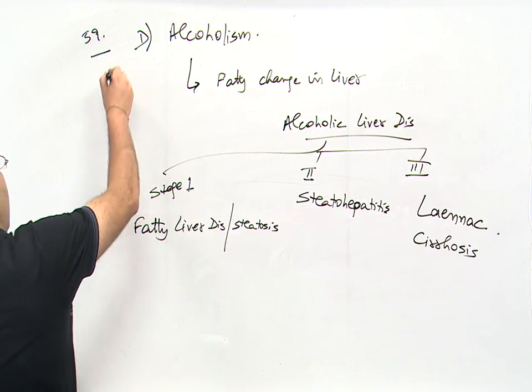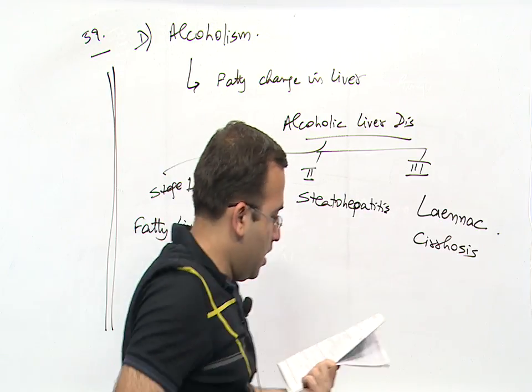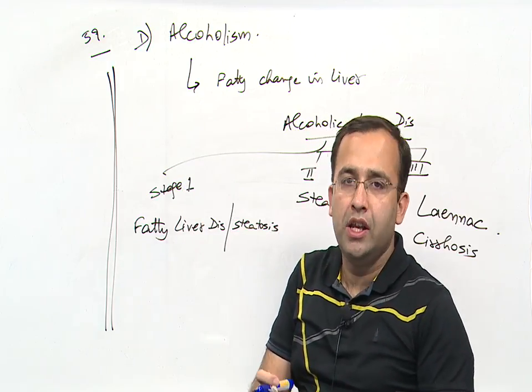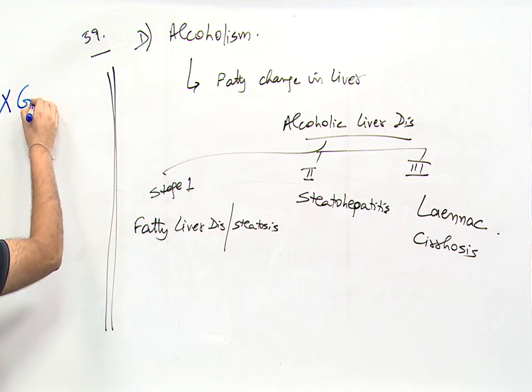Next point, another important point to be noted in this question. We have already seen the answer cannot be TB or hemosiderosis. Why is the answer not galactosemia?